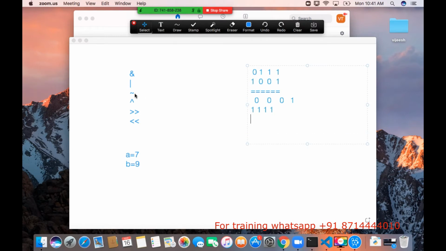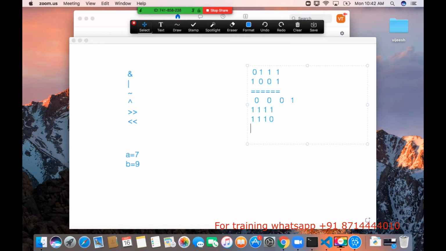And if you are using XOR, either side should be 1, both sides should not be 1. That means here 0, 1, 1, 1, 0, and where both are 1, it is 0.